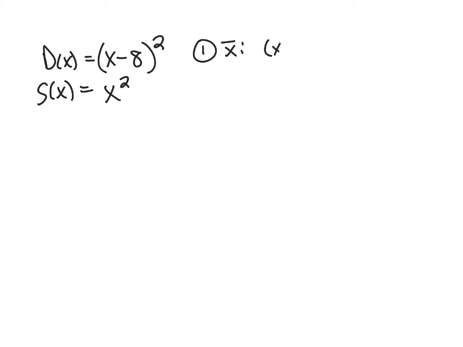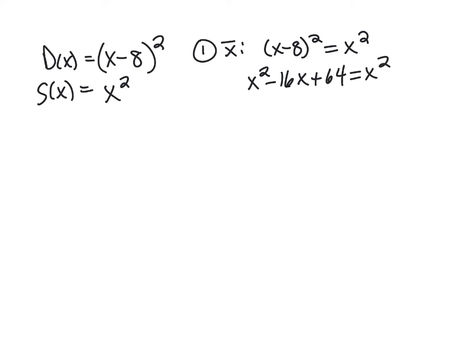So we're going to take this equals this, and maybe we could take the square root of both sides. We know x has to be positive because we don't have customers bringing product back to us. But I don't want to do it that way. I'm going to FOIL this out. x squared minus 16x plus 64.